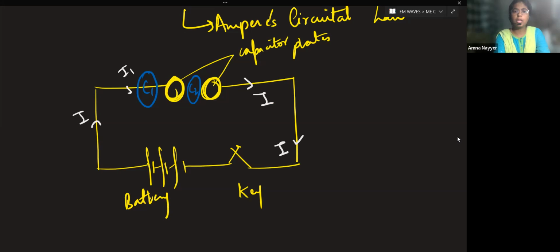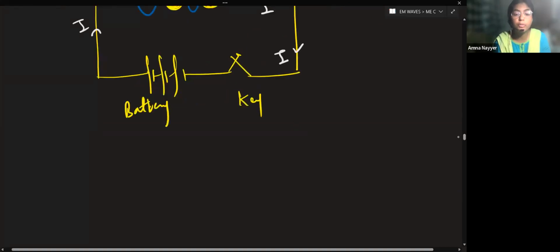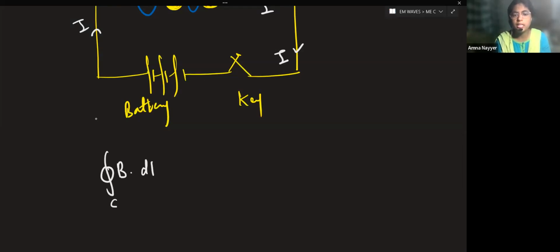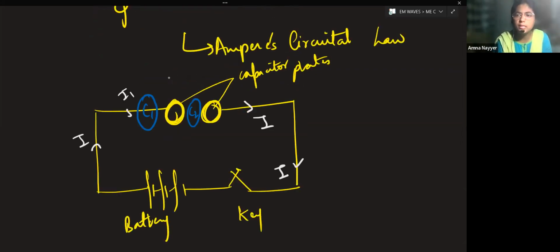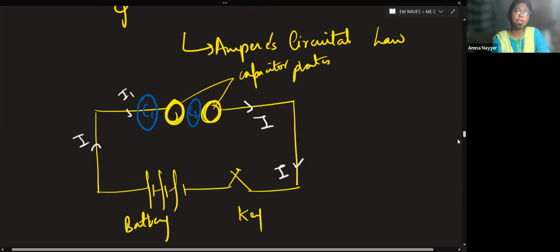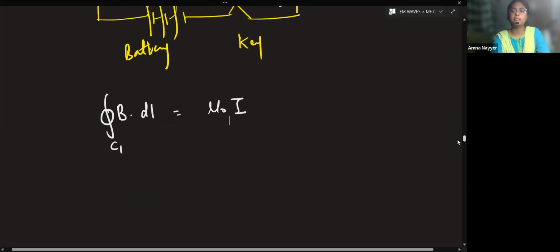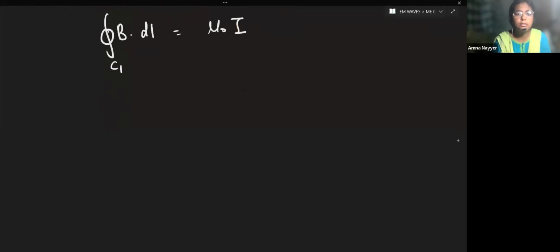So if you write the Ampere circuit law, closed integral of B dot dl for C1 will be equal to mu naught times the current that is enclosed within the loop, that is I. But if you look at C2, there is no current present in this C2. So it means I is 0. If I is 0, then line integral of magnetic field for the second loop is equal to 0.